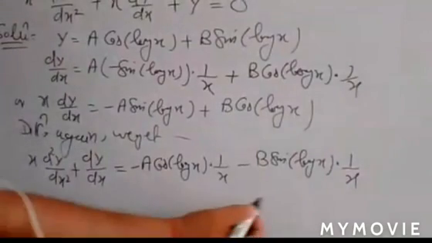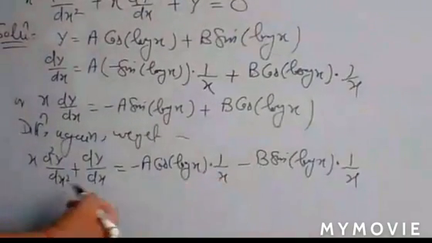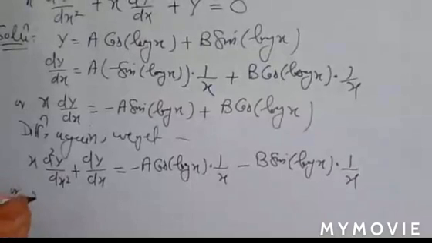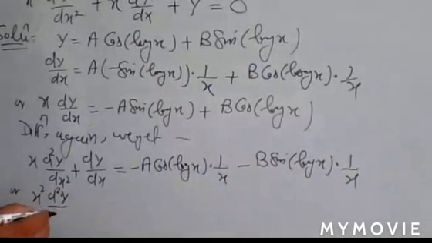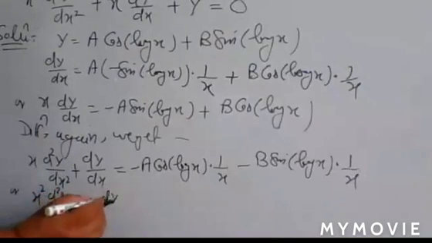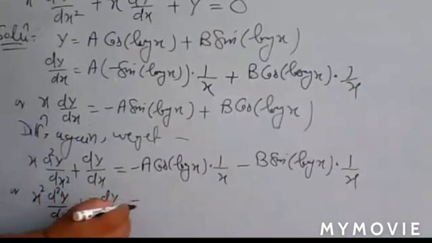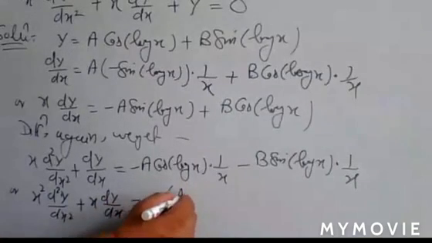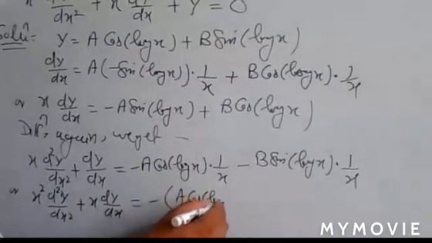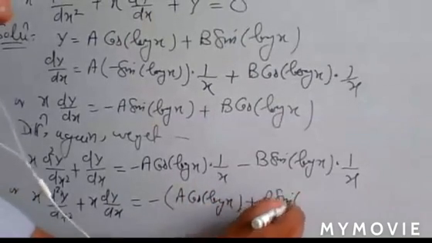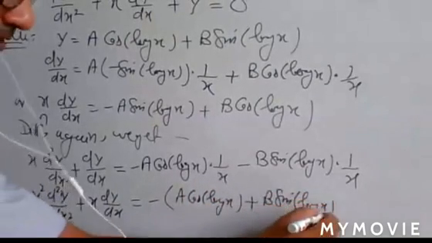Again, you have x in the denominator, so you multiply each of the terms by x again. So here you have x square d2y by dx2, this side you have x into dy by dx, and here you have minus common, a cos log x plus b sin log x.